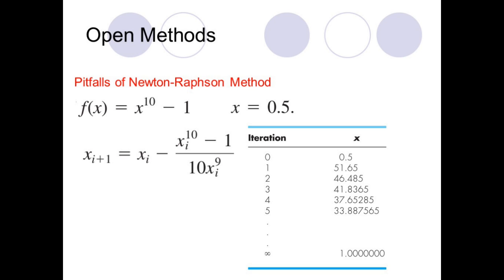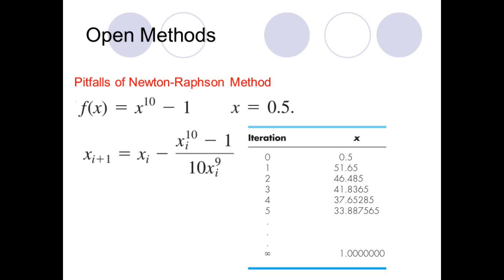Of course, the Newton-Raphson method has a pitfall similar to the false position method. If the derivative of a function is almost close to 0 in a certain region of the domain, then you may have trouble.